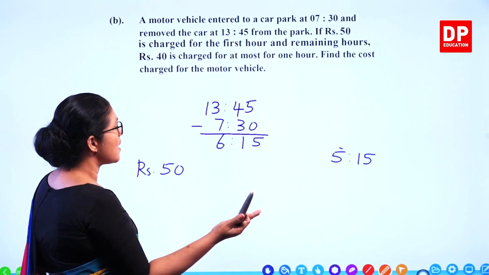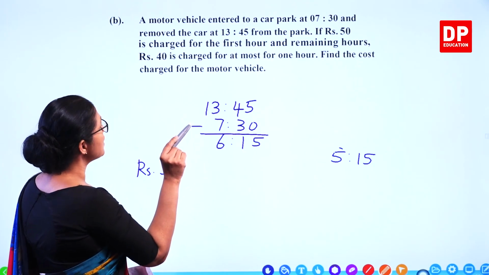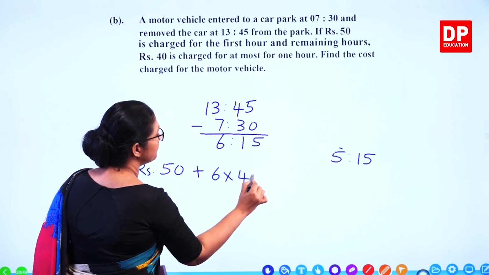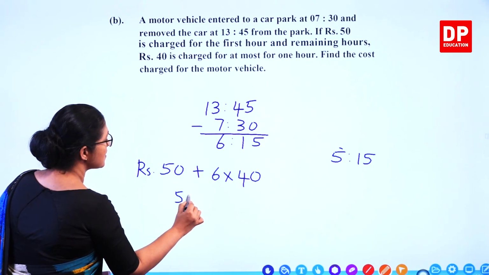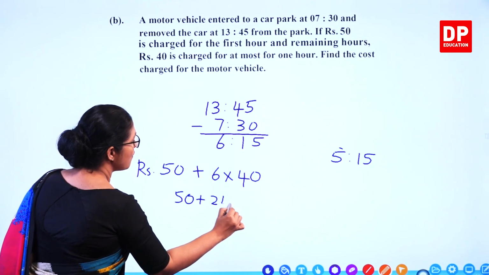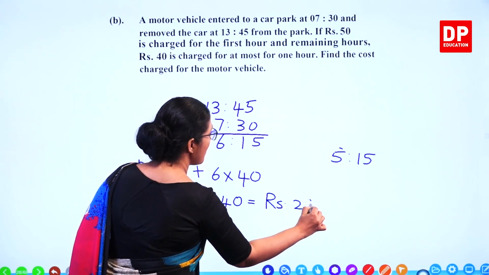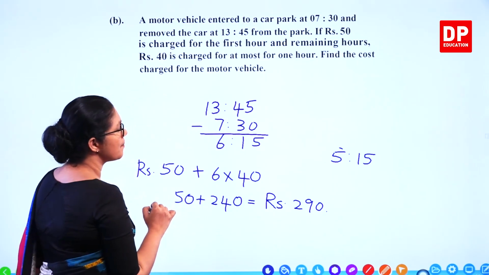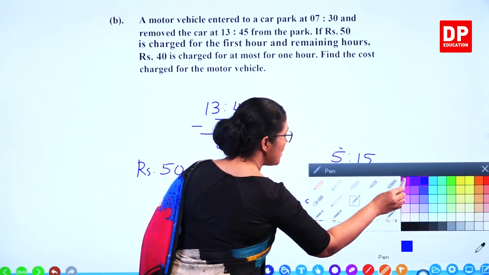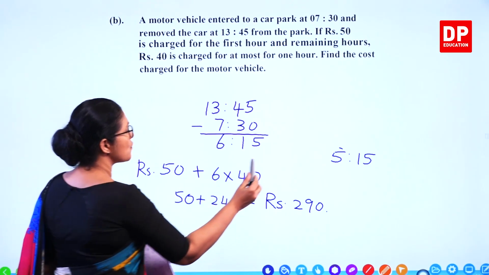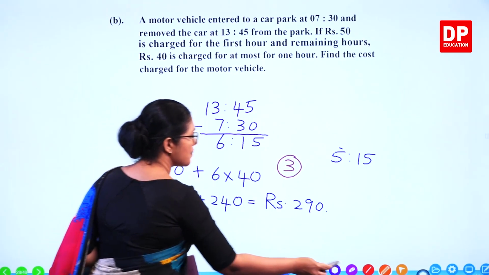So 6 hours are there. 6 times 40. You have to add. Now 50 plus 240. That means total charge is 290 rupees. So how many marks for that? You are getting 3 marks for this answer.